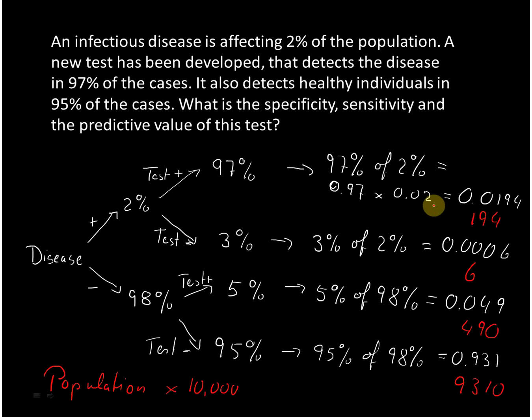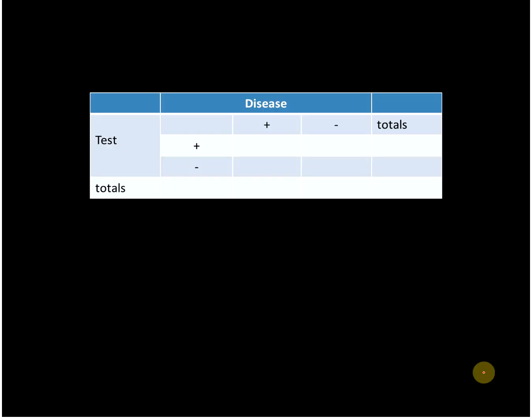So for the positive test and positive disease, we have 194. Positive disease, negative test, we've got 6. Negative disease, but the test is positive, 490. And negative disease, negative test is 9,310. Now let's put these data in.